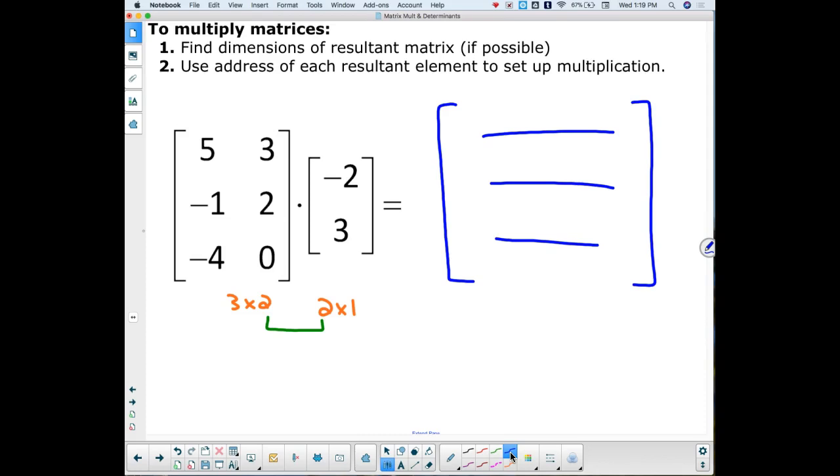Well, again, everything that involves matrices is rows by columns. So I'm going to take the rows of the first one, and I'm going to multiply that by the columns of the second one. So I'm going to take the first row, first column, and multiply those numbers together. 5 times negative 2 plus 3 times 3.